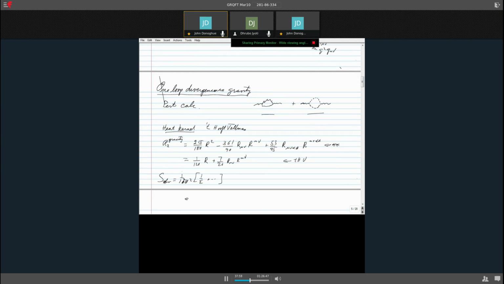And if you reduce it, it looks a little better. It looks like 1 over 120 R squared plus 7 over 20 R mu nu R mu nu.